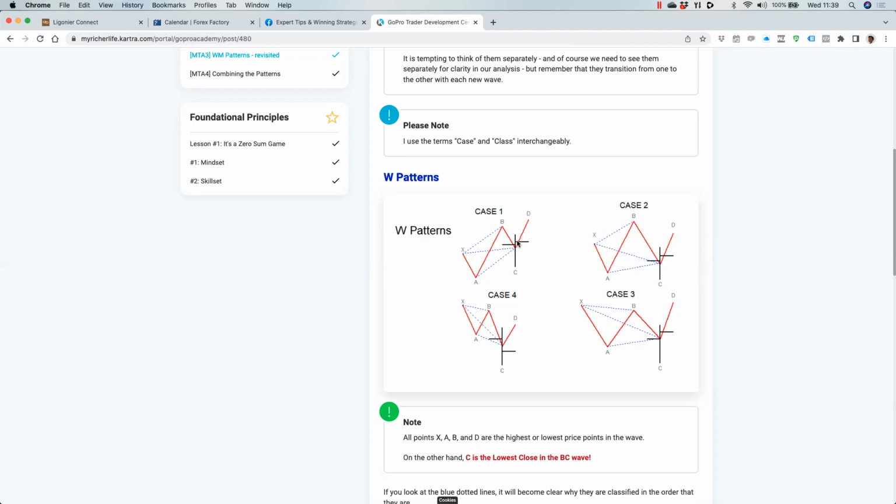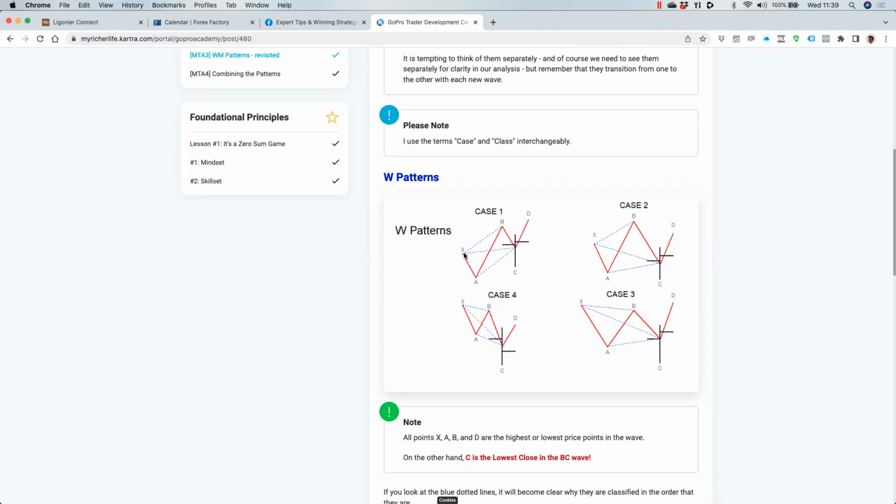In fact, right now it would be where that price level would be, with this going up and down on that bar. So this would be an incomplete wave. However, B to C, C is ringed, and the lowest close between B and D is above X. That would be a class 1 W pattern.